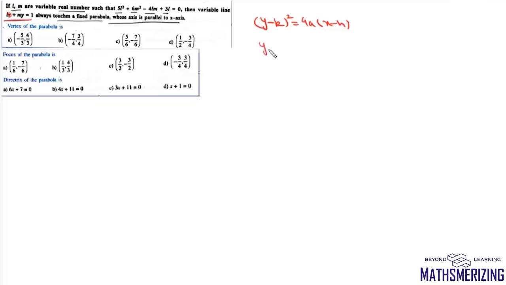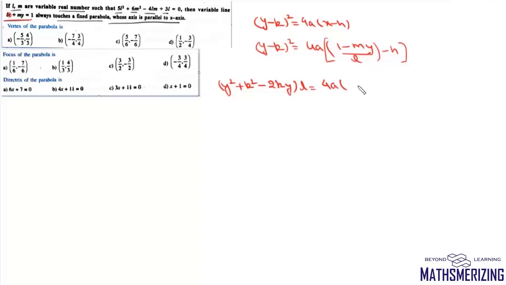I'll write y minus k square equals 4a, and in place of x we'll write 1 minus My upon L, minus h. So now we can square it. We'll write y square plus k square minus 2ky into L, and this is 4a times 1 minus My minus LH.